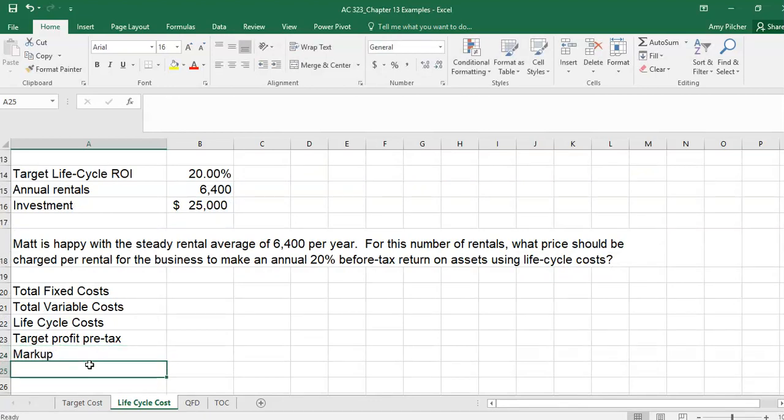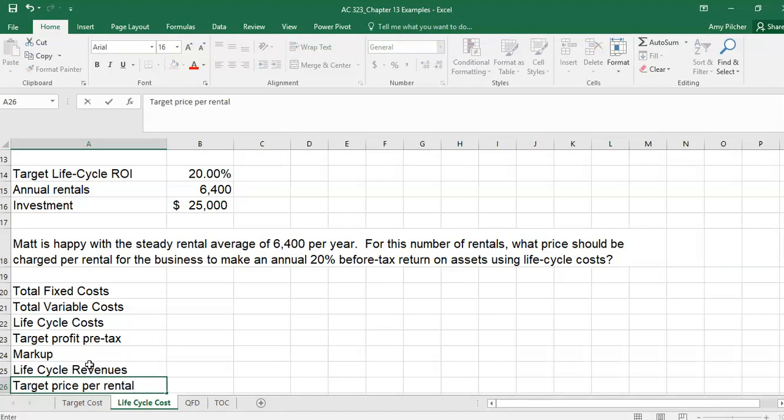What is our markup? What do we want for life cycle revenues? And that gives us our target price per rental.